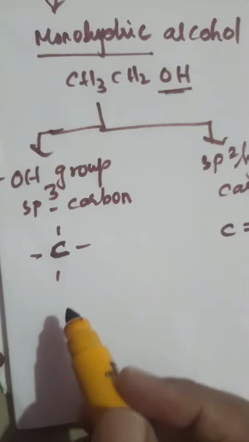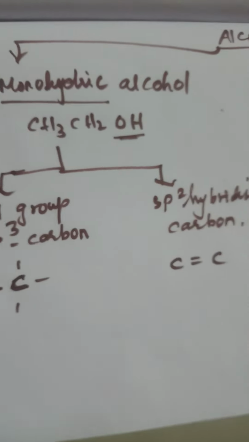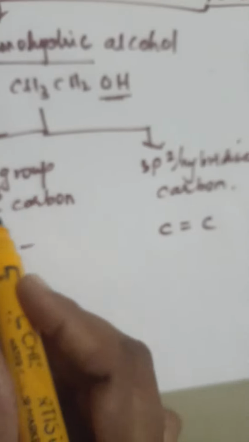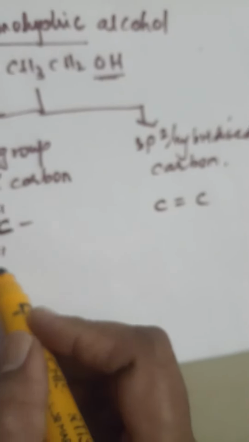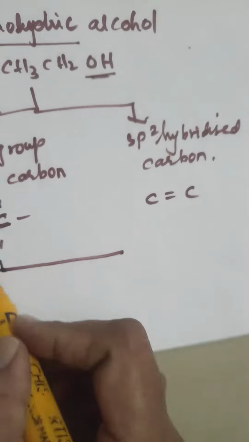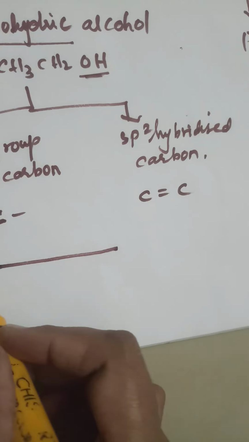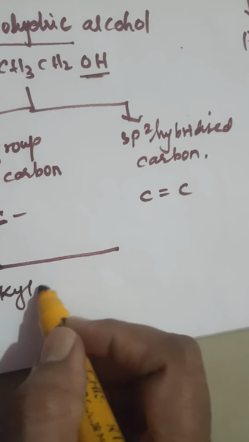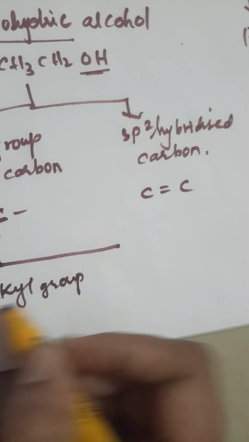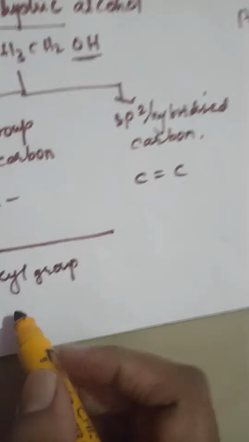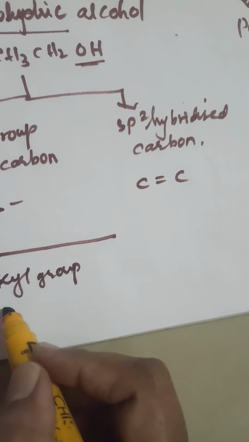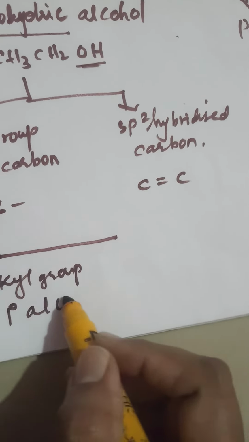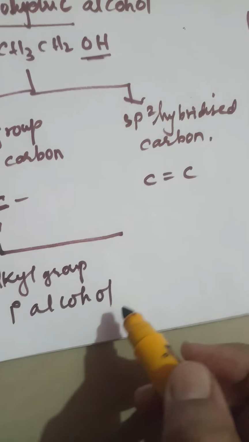So for example, OH group containing sp3 carbon is again divided into OH with alkyl group. For example, primary alcohol.